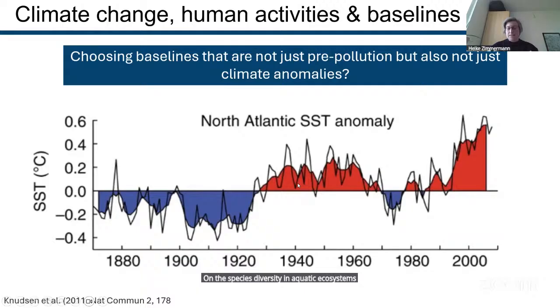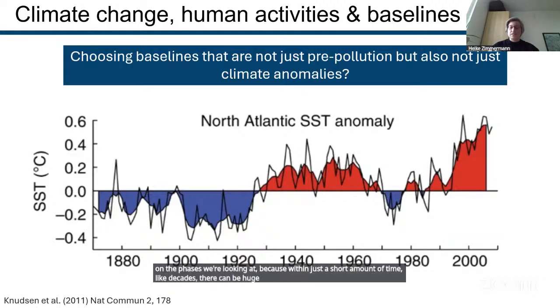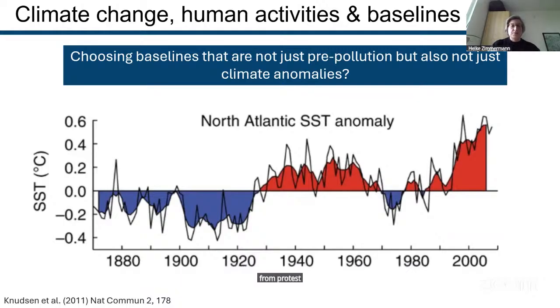So it depends really on the phases we're looking at, because within just a short amount of time, like decades, there can be huge regime shifts that affect the food web from protists to marine mammals.